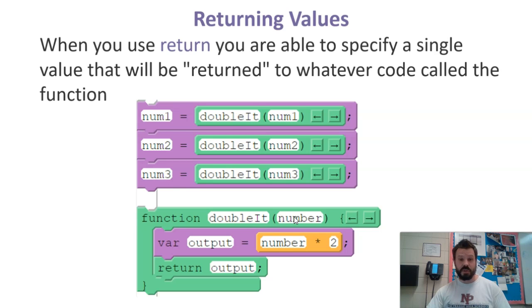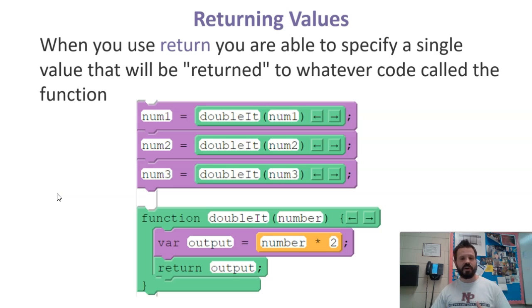It's going to run the code with num1 passed in, so my output will be set to num1 times 2. Times 2, that's the double it part. And then we'll return that output. So it's going to take that value and return it to this line before it moves on to the next one.